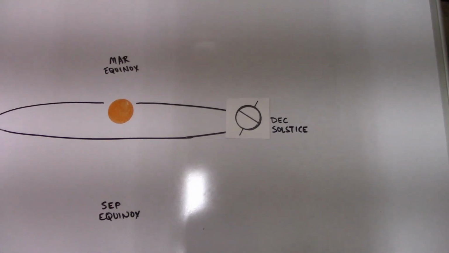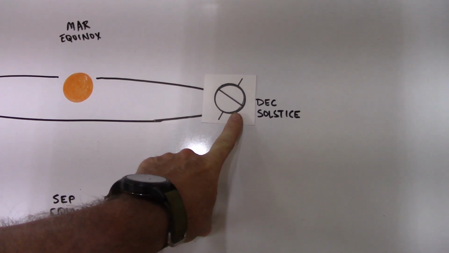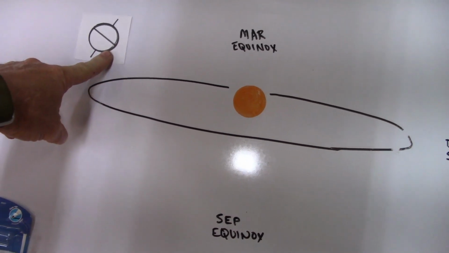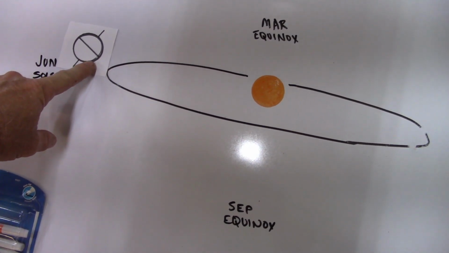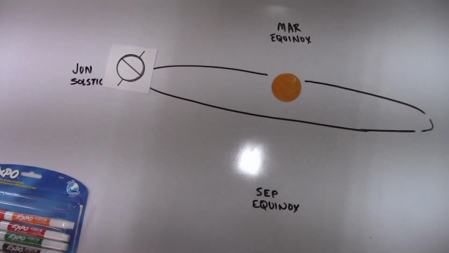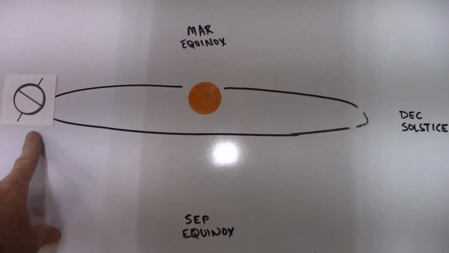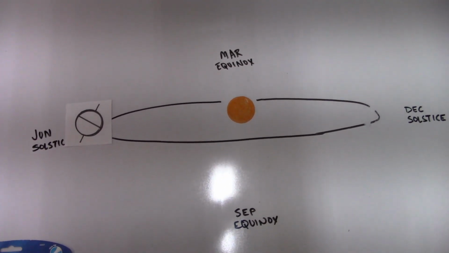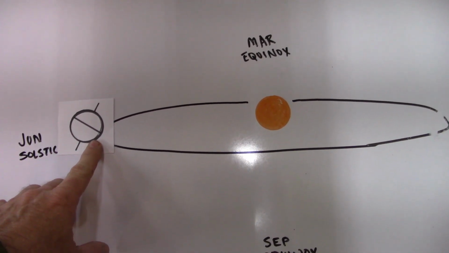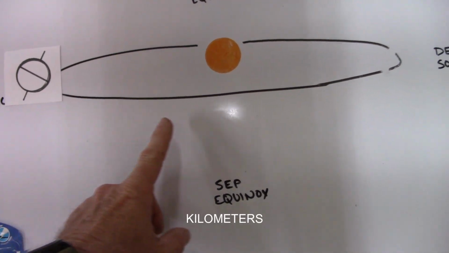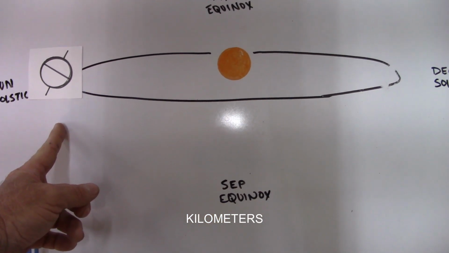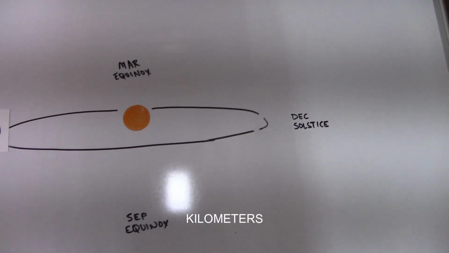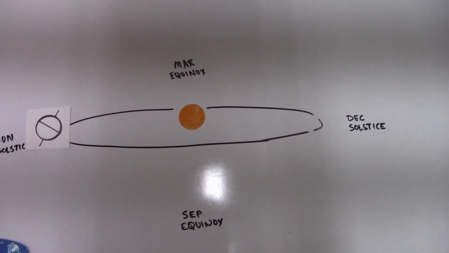So if this is the orientation of Earth in December, and it travels all the way around here and somehow returns to June, 6 months apart, and if that were the case, then this is 149 million miles supposedly from here to here, and 149 million, so 150 million miles, so 300 million miles approximately distance.